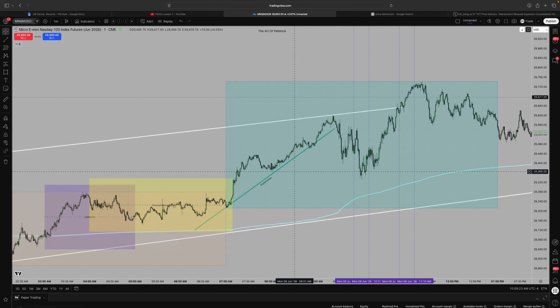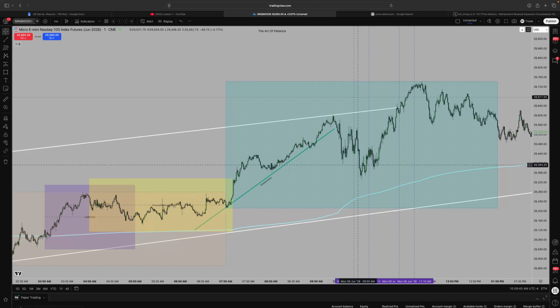So remember when I said in lesson 1 that the way you distinguish between a reversal and a retracement is if price reaches like the 50% of that expansion, then that is a retracement.